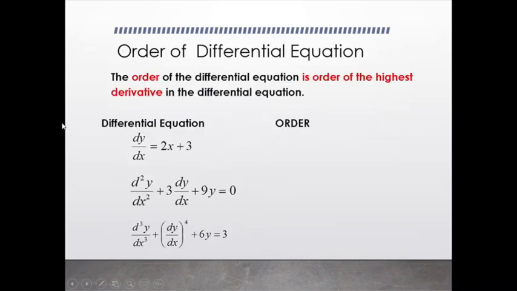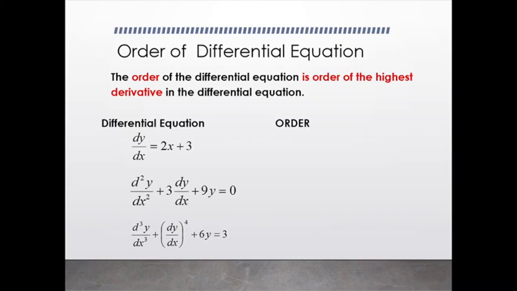Okay, so the order of the differential equation. When we say order of a differential equation, it means the highest order of the derivative in the differential equation. The order of the derivative is the first derivative, second, third, fourth, fifth derivative.